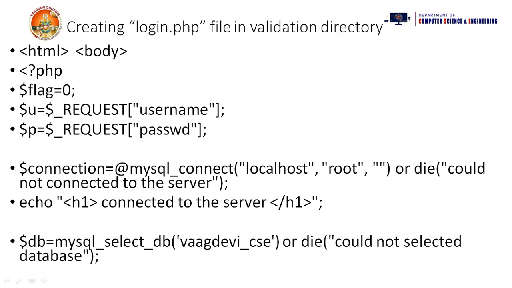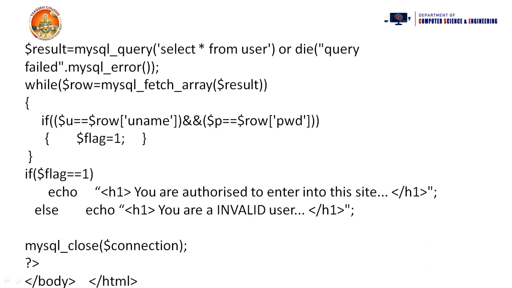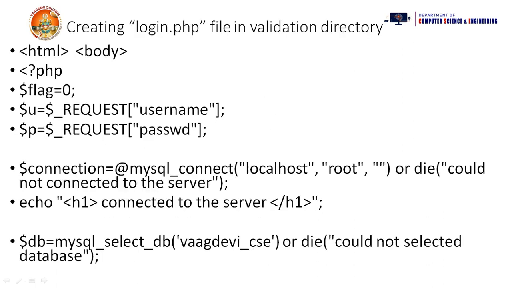The PHP page gets the data from the login page through these two variables using $_REQUEST, and connects to the database by using this code, mysql_connect. It is used to connect to the database. The PHP program can connect with the databases. Localhost means the present server. Root is the username, and this is the password.